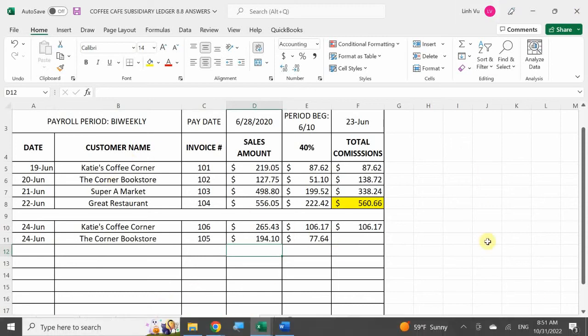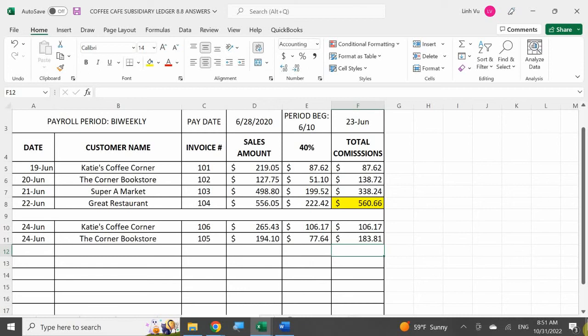So how much do we owe Albert in grand total? $183.81. Good. So now we're completely done with the subsidiary ledger.